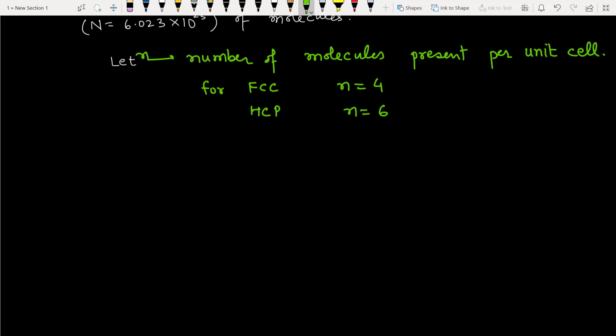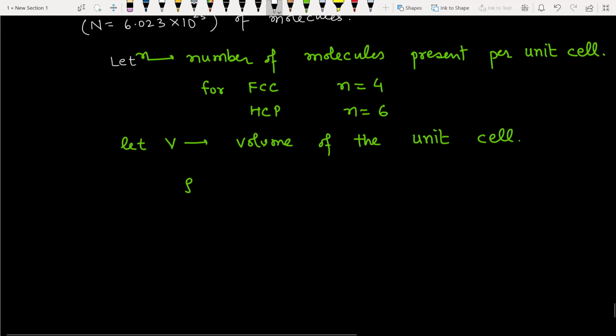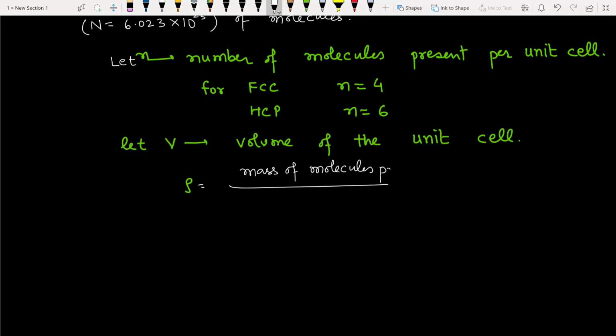So we assume let capital V be the volume of the unit cell. To find density we need mass of atoms or molecules present in a unit cell divided by volume of the unit cell.